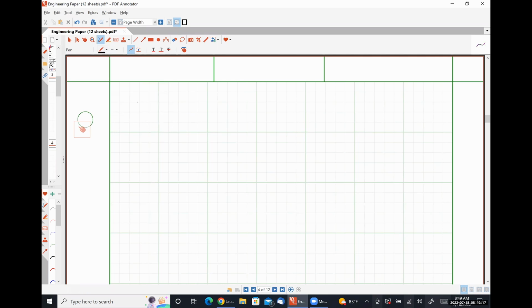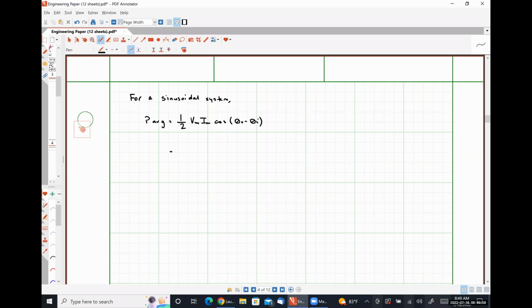So for a sinusoidal system, we know that the average power, P average, is given by 1/2 Vm Im cosine theta V minus theta I.